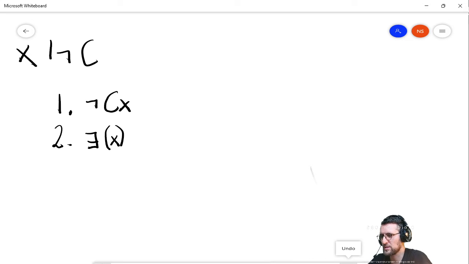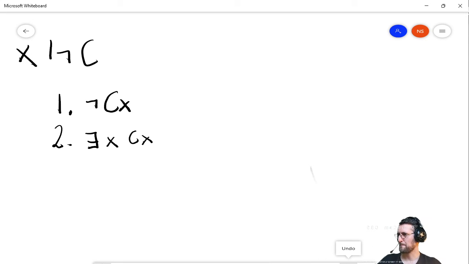That was how we did it in another writing system. I'm still experimenting with the whiteboard, but probably I should write it like this: there exists an X so that CX. That's how we should write it, right? There exists an X so that CX.